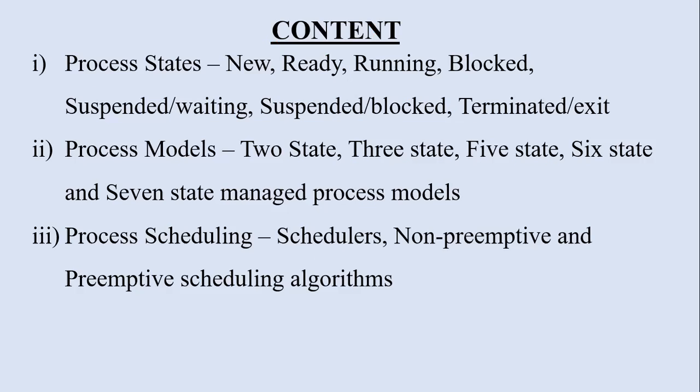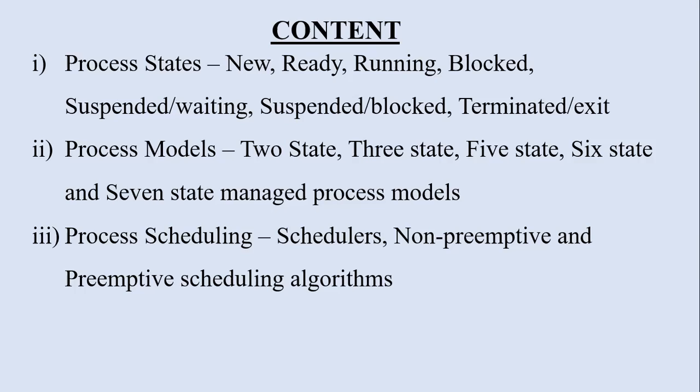So in this presentation, we are going to look at the process states, which are the new state, the ready state, the running state, the blocked state, suspended versus waiting state, suspended versus blocked state, and terminated or exit state.